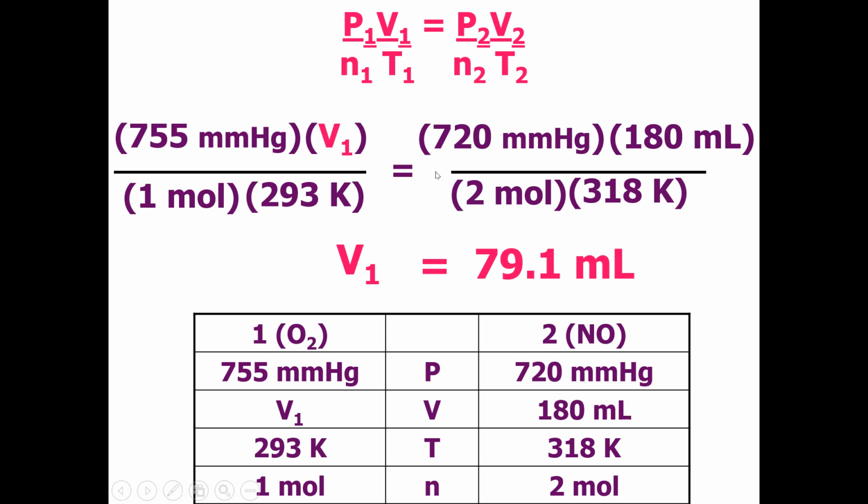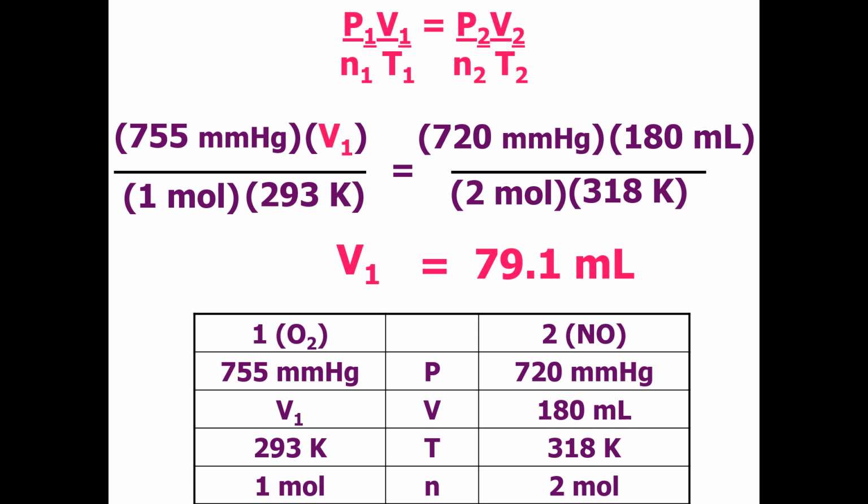Using cross multiplication, you can recognize there's a cross here and a cross here. We always start with the cross that does not have the unknown variable, so these numbers are what we multiply first in our calculator. We do 1 times 293 times 720 times 180. You don't even have to hit enter.